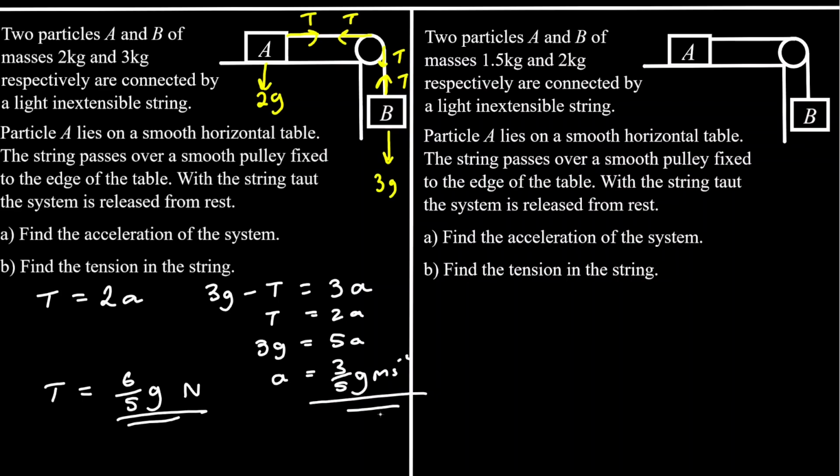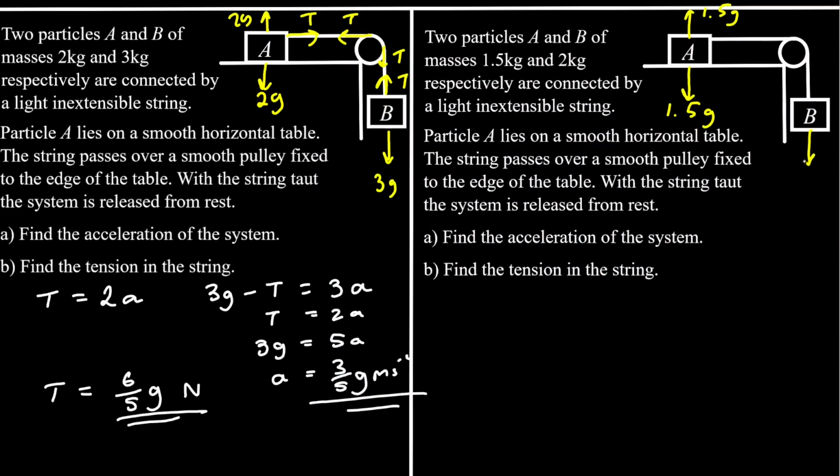One for you to try. Give this one a go. So let's draw on the forces. We've got A is 1.5 kilograms. So its weight is 1.5 g. I probably should have put the normal reaction on. Let's put 1.5 g there as well. 2g over here.